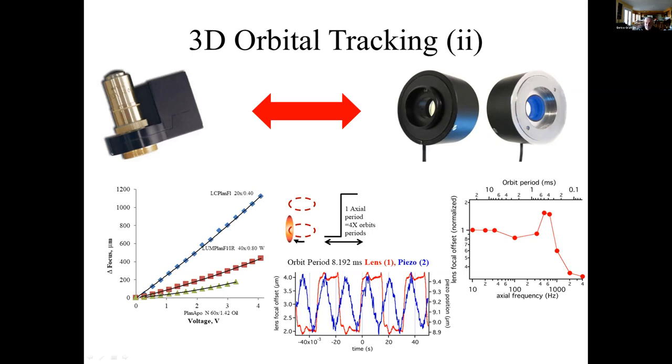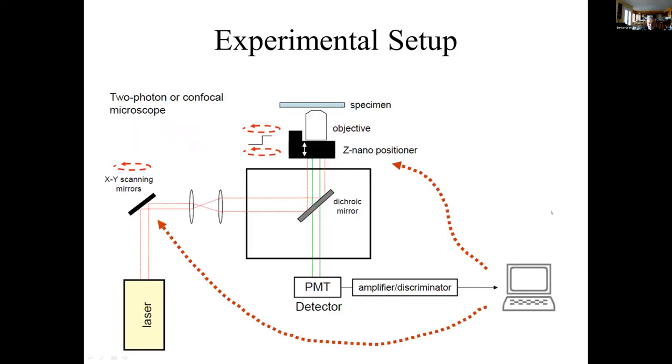And this is the response of the electrical lens. Maybe you can see here, it responds very well up to about a kilohertz. Above 2 or 4 kilohertz it doesn't respond very well, and actually has even a resonance. But you know this function, so you can compensate for it.